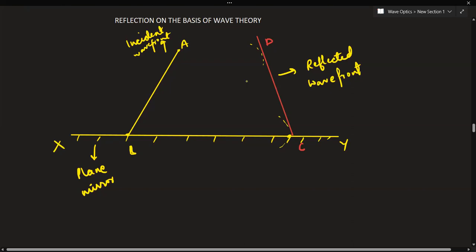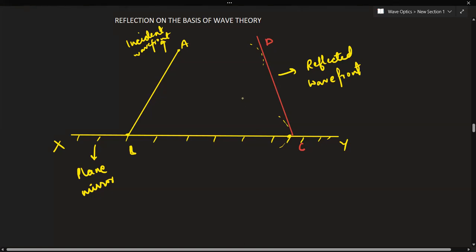Now see, first the wavefront touches the reflecting surface at C and then at the successive points. All the points will have their own secondary wavelets generated.